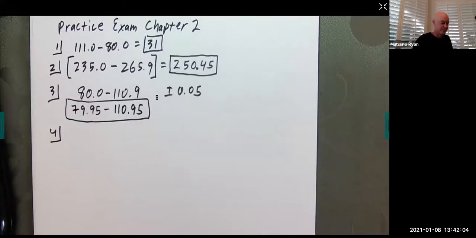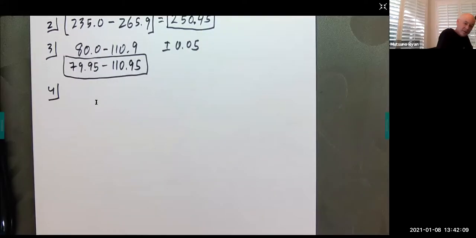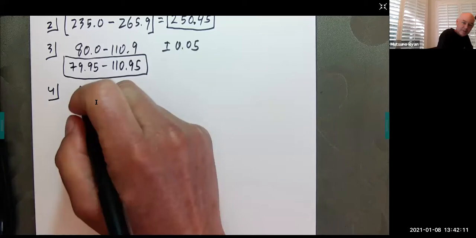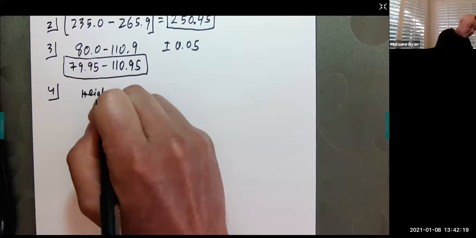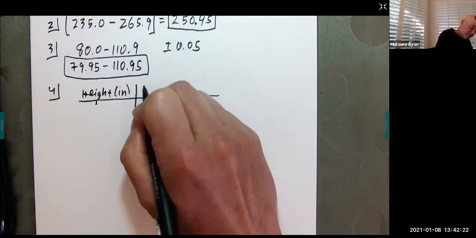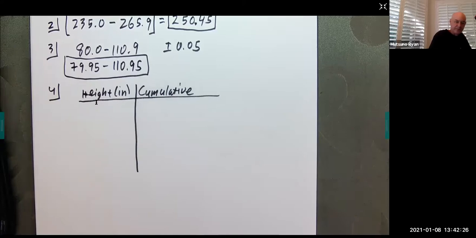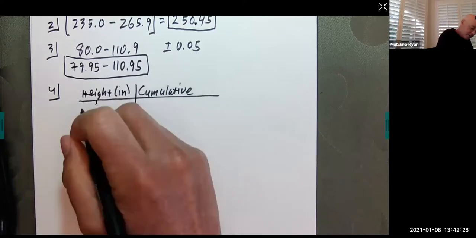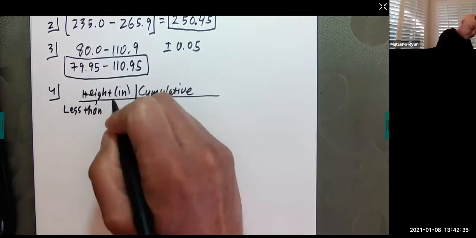So for this one, I'm going to set up this is the cumulative frequency. And for this, it's going to be less than 72.